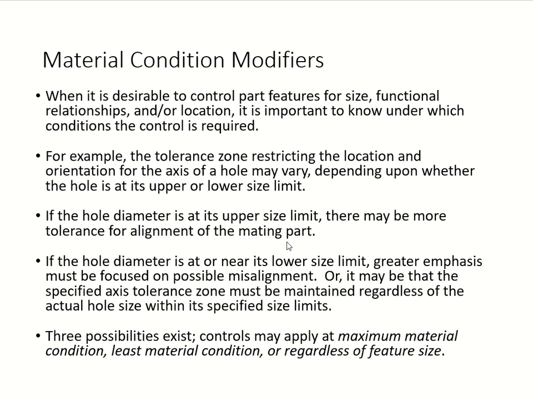So what we do in geometric dimensioning and tolerancing, we try to control the features on your part. So for the size of your part, the function, the relationship, the location, all of them, we need to control them. Otherwise, you can't manufacture them. So it's extremely important that we know each feature on the part, and also all the parts in your object need to be dimensioned, and you need to know the tolerance for each dimension.